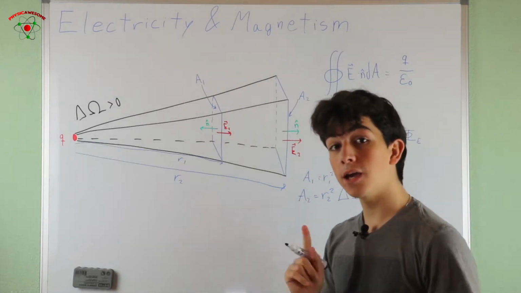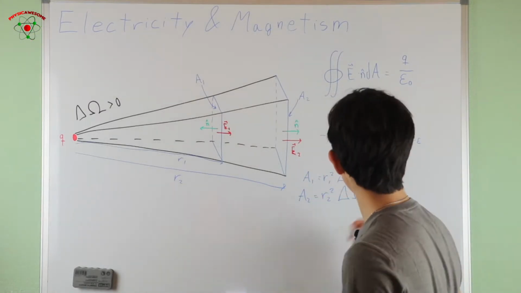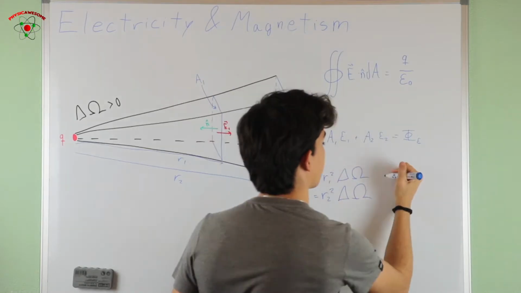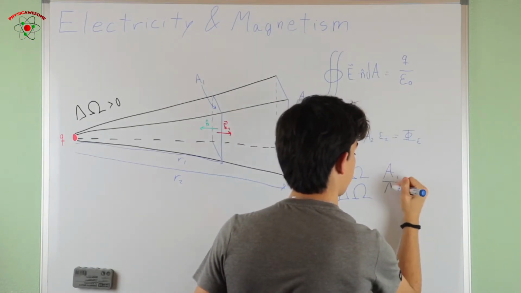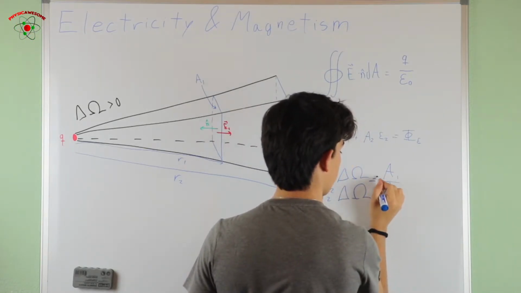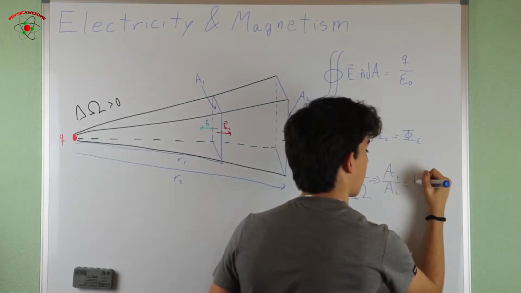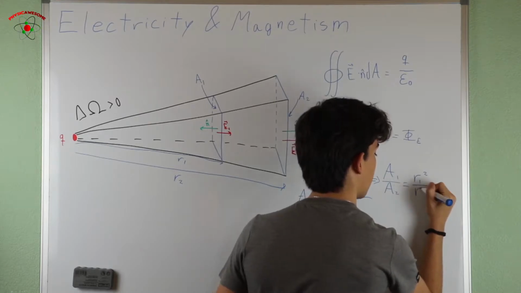Therefore, A1 over A2 is going to be equal to this over that, which is R1 squared over R2 squared.